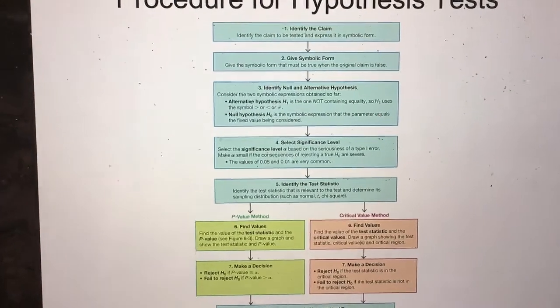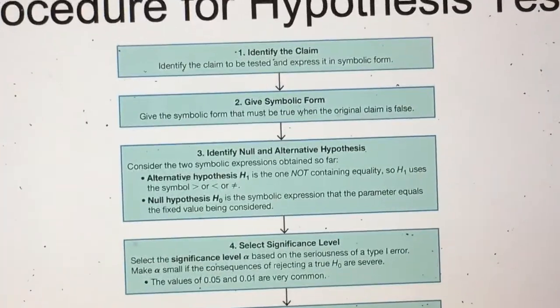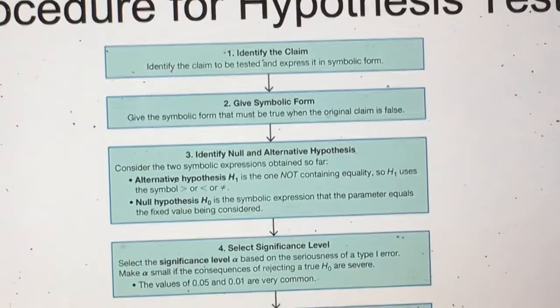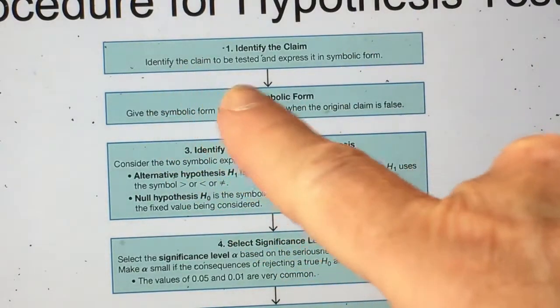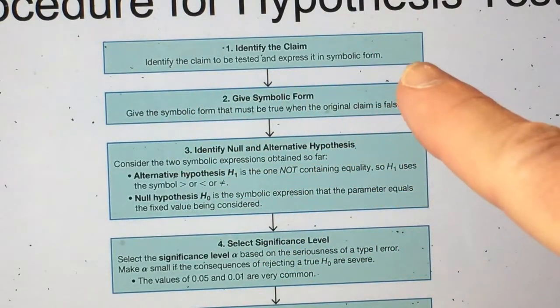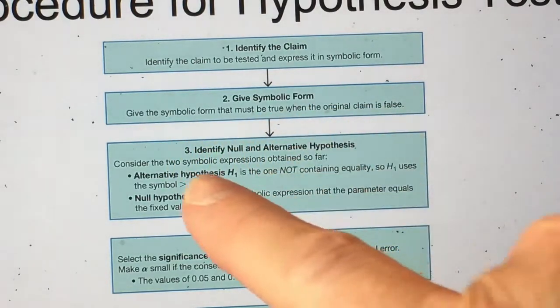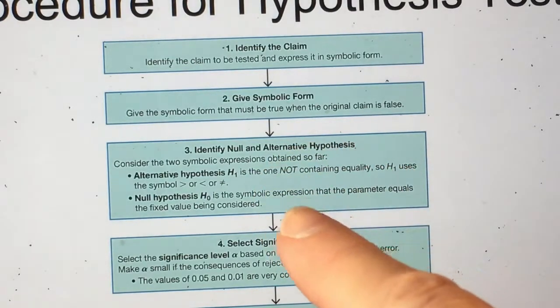So let me see if I can get a little bit closer and give you a better screenshot here. On the first one, it says identify the claim. Identify the claim to be tested and express it in symbolic form. Number 2, give the symbolic form. Number 3, identify the null and alternative hypotheses, which we just practiced.